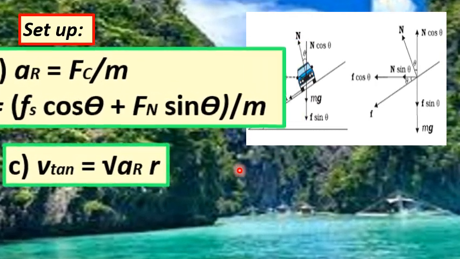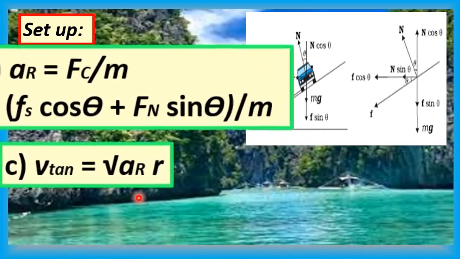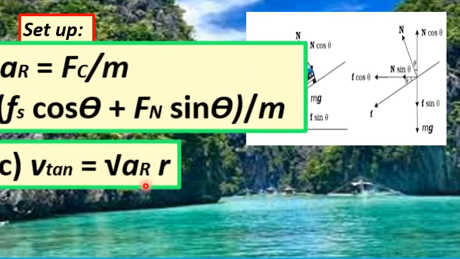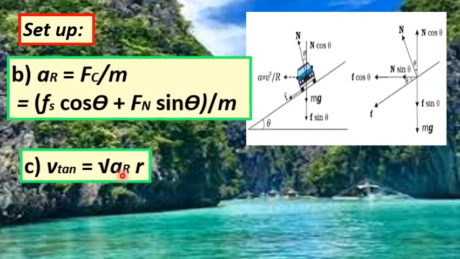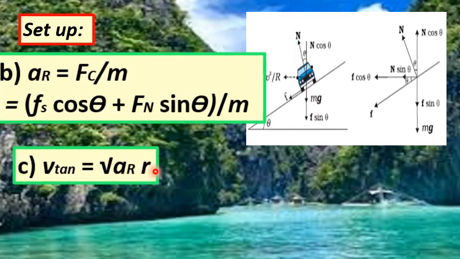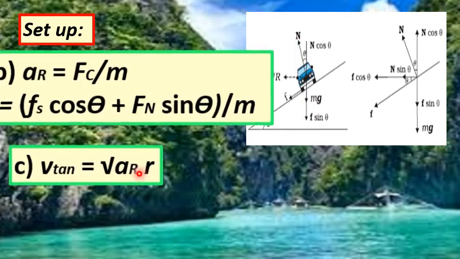And lastly, for the tangential speed v sub tan, we just get the square root of the product of the radial acceleration and the radius of the circular path, small letter r.